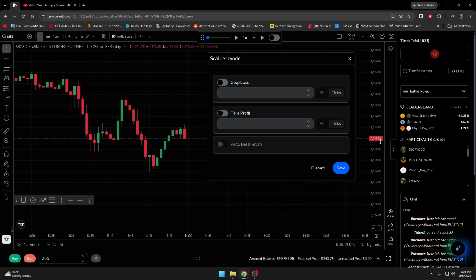This is at 170 and this price is at 164, so that would be 6, I believe. And my stop loss is at 72, so I'll make that 3. Stop loss at 3, in case it just runs back up for some reason.